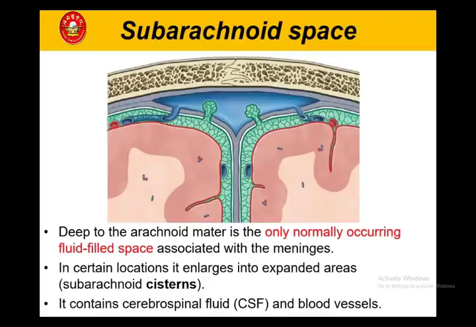Subarachnoid space. The subarachnoid space is the only normally occurring fluid-filled space associated with the meninges. In certain locations, it enlarges into expanded areas, which we call the subarachnoid cisterns. It contains the cerebrospinal fluid, CSF, and blood vessels.